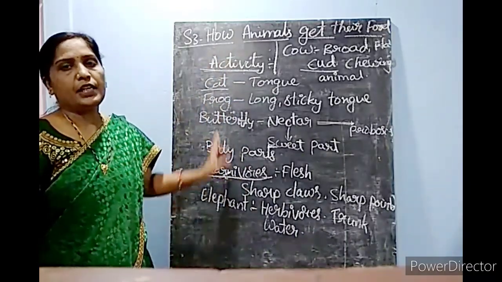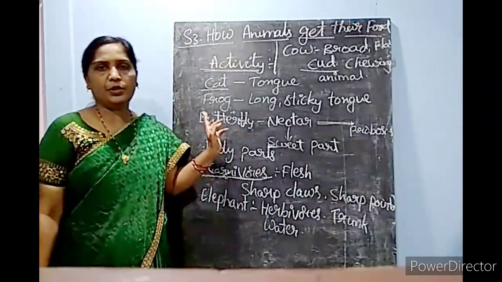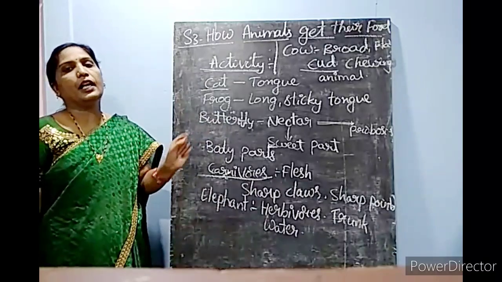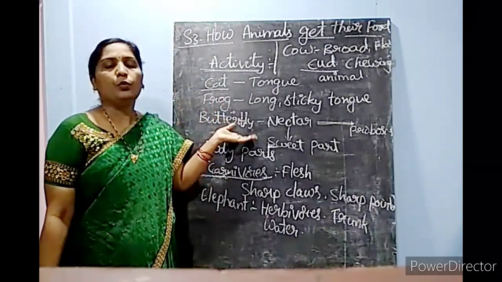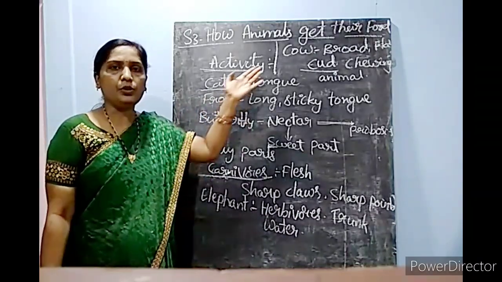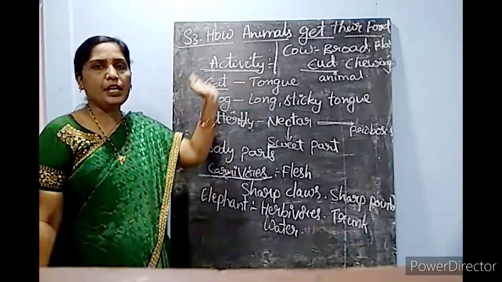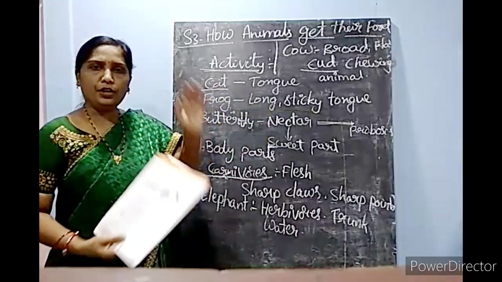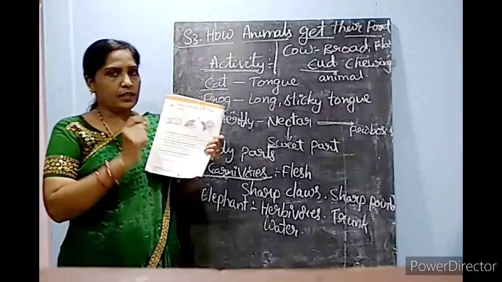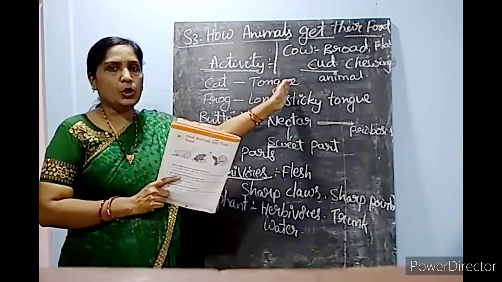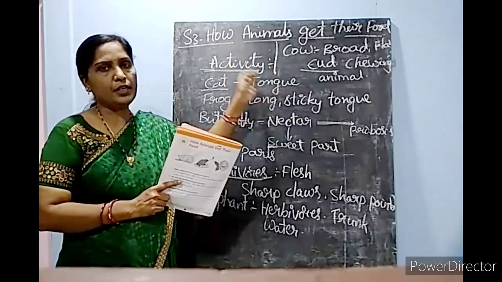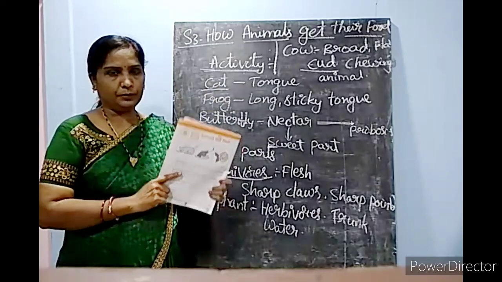Among all these, you take any two different animals and explain how these two animals are getting their food, which body parts they are using to get their food and to eat their food. So, can you write this answer? Write this answer in your own words, children. You can even look at the board and write in your notebook.